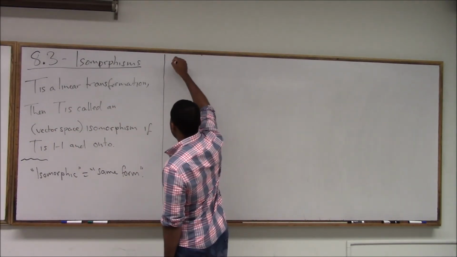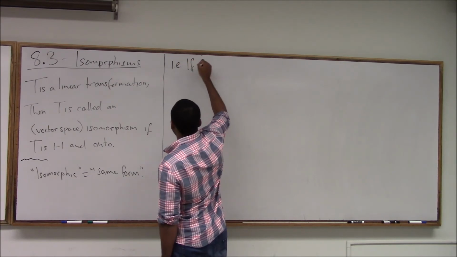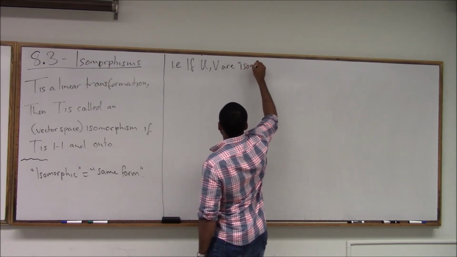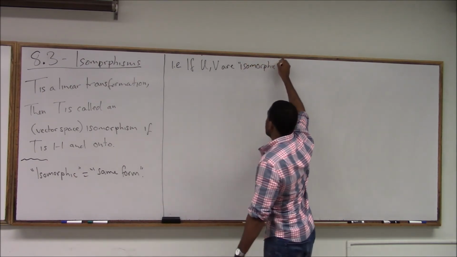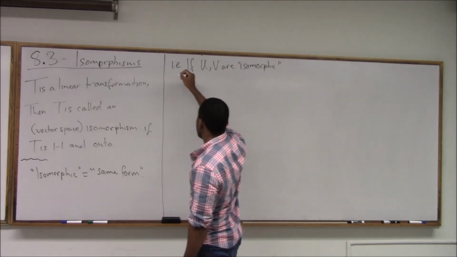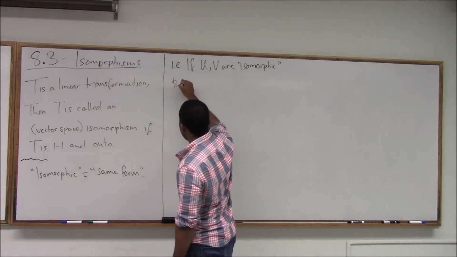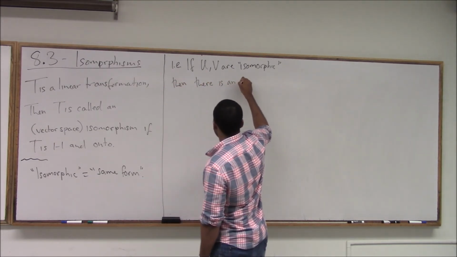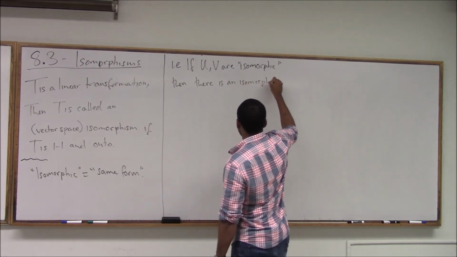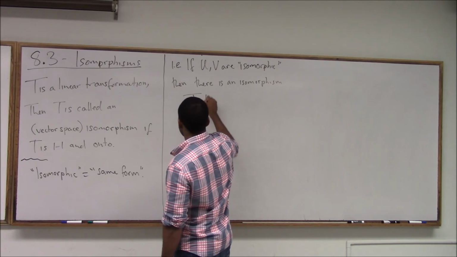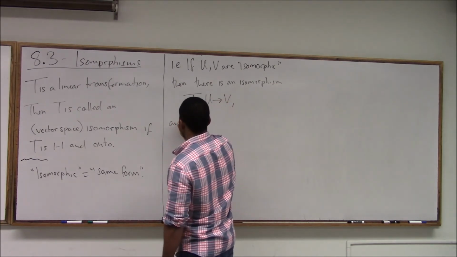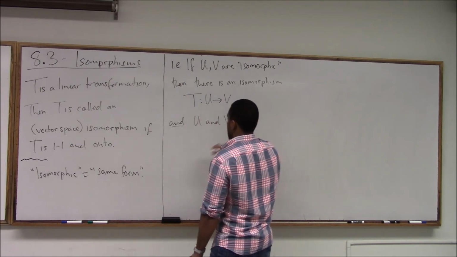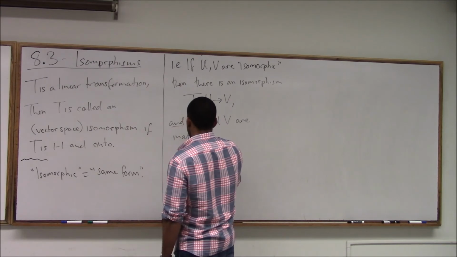So that is, i.e., if U and V are isomorphic, and this was part of the take-home test as well, then there is an isomorphism T that goes from U to V, and at the same time, U and V are mathematically indistinguishable as vector spaces.